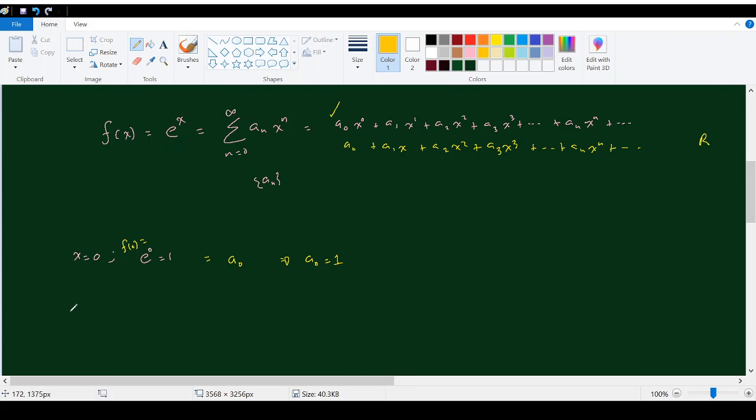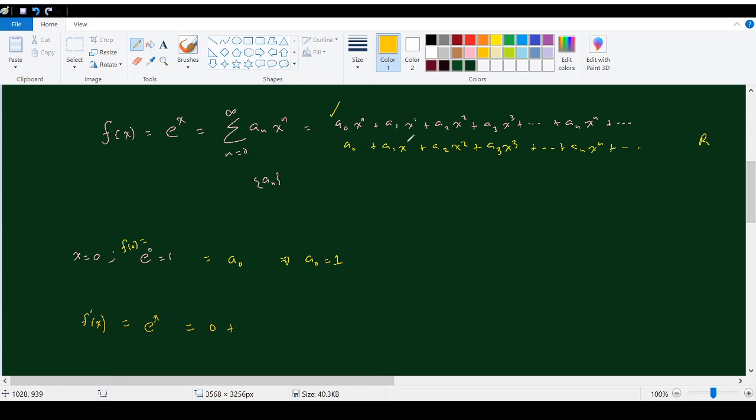What we do here is differentiate the given equation. So this is the given equation, and when you differentiate, the left hand side will stay the same, because the derivative of e to the x is the same. And how about the right hand side? Since a0 is a constant, its derivative will be 0.